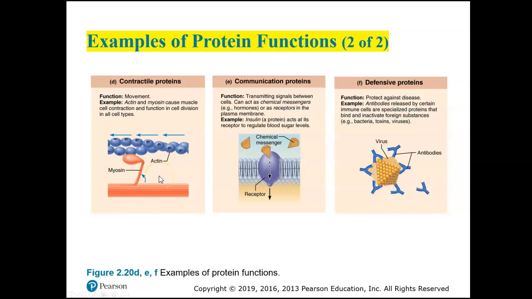It's found in our red blood cells. We have 2 contractile proteins for movement. They're called actin and myosin. They're found in our muscle fibers or muscle cells. We have proteins that act as chemical messengers like hormones. Insulin is a hormone that is also a protein. And then we have proteins for defense called antibodies.